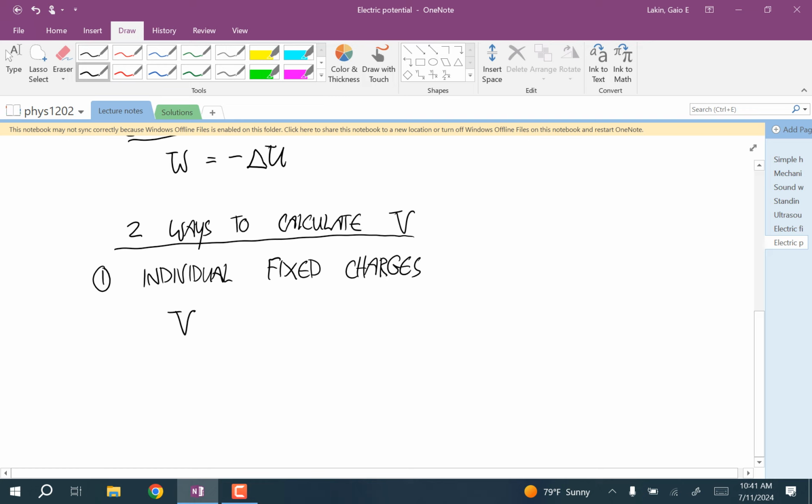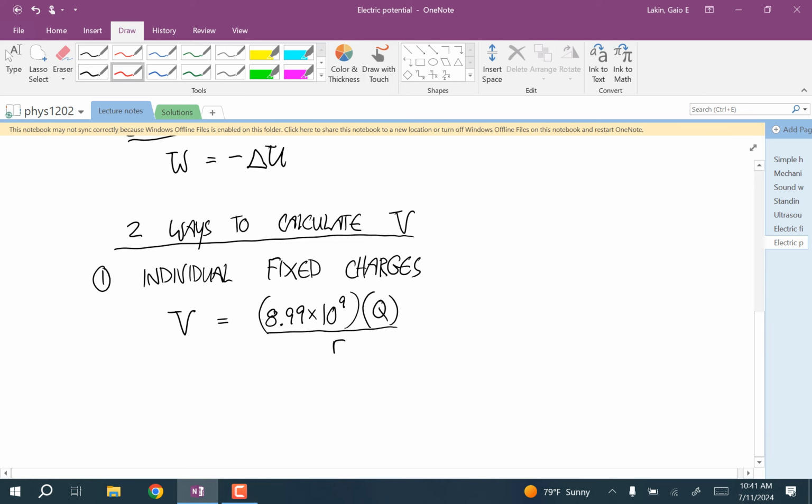And that formula is that the electric potential is equal to 8.99 times 10 to the 9th times the fixed charge divided by R. This looks a lot like the formula for the electric field vector magnitude due to a fixed charge.